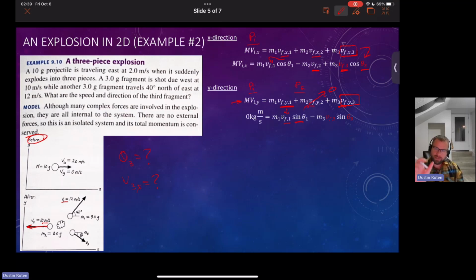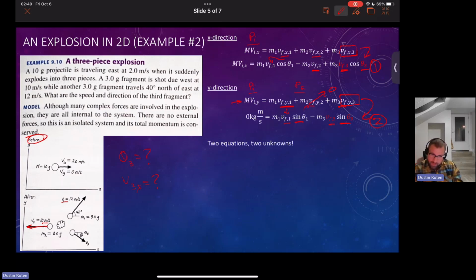And instead of writing it just as that y component, I'm going to revert it back to the length of the overall vector times sine, which is the same thing as the y component, right? And once again, I have my unknown velocity and unknown angle in here. So now I have two equations, equation 1, equation 2, and I have my two unknowns. So I should be good to go.